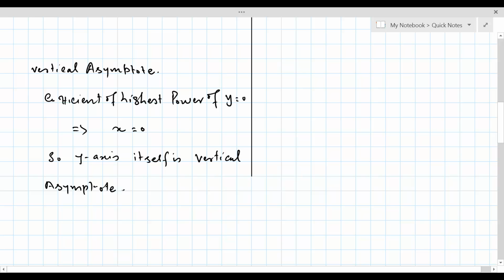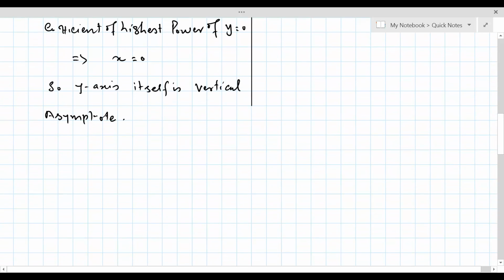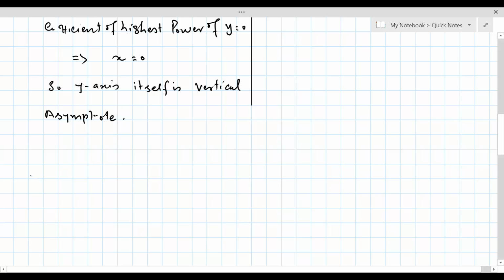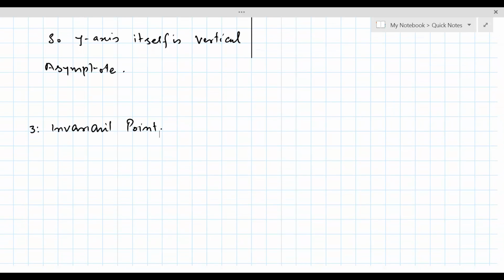And the next thing we need to find is invariant points. So number 3, we want to find invariant points. For invariant points, we set y is equal to 1 and y is equal to minus 1. So let's put y is equal to 1.